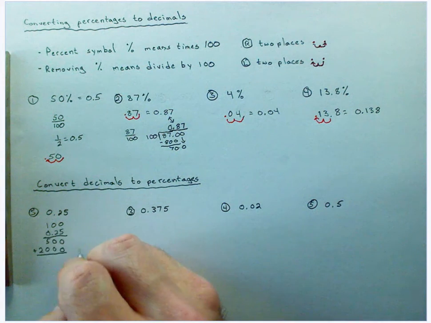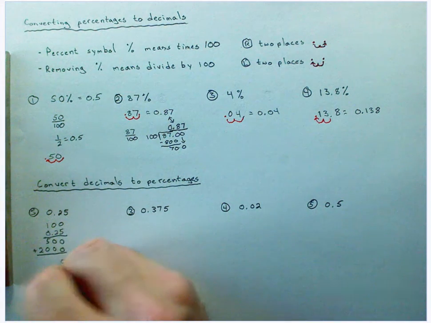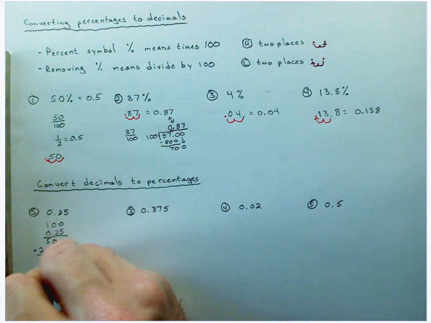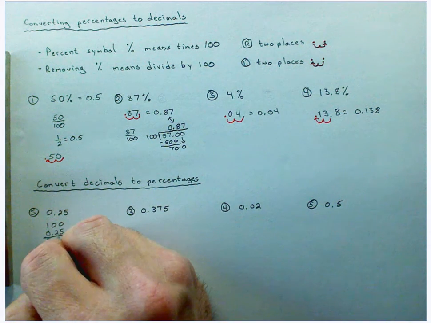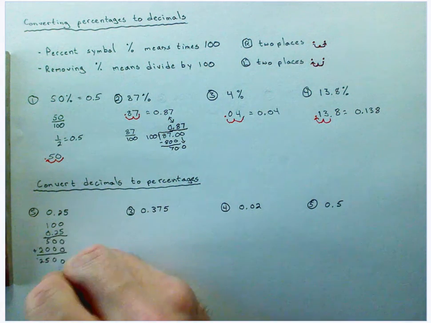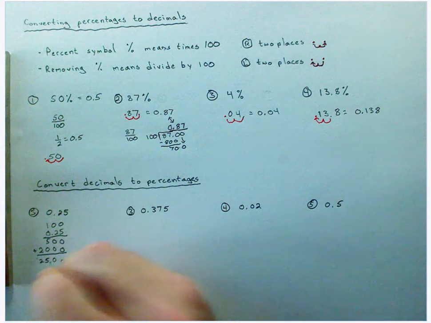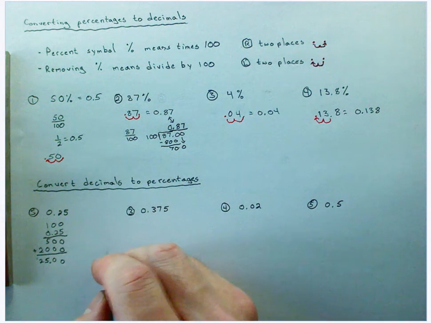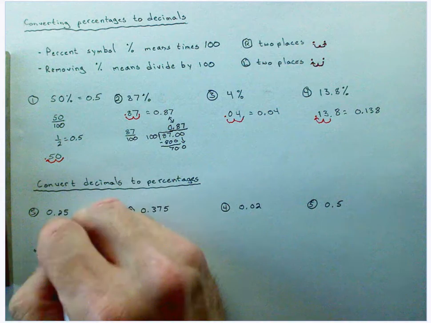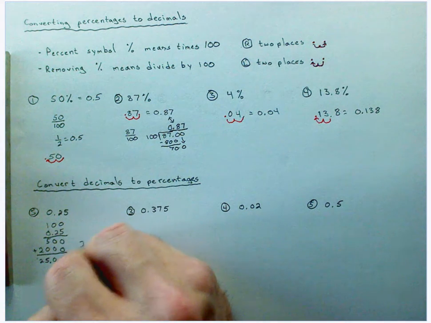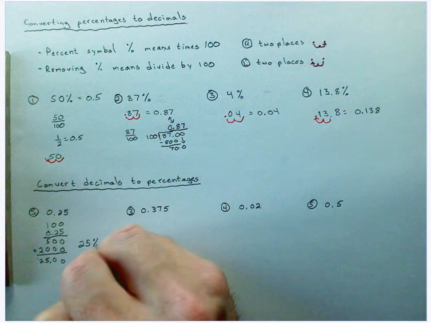I add them together. I get 0, 0, 25. I have 2 spots for the decimal, so 1, 2 spots. I end up with 25. And since I've multiplied by 100, since I'm converting this to a percent, I say 25 and then I put the percent symbol in there.